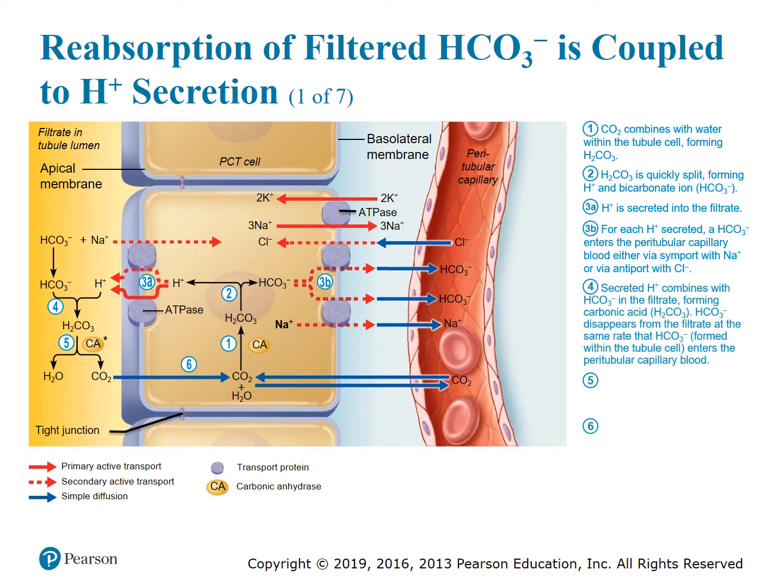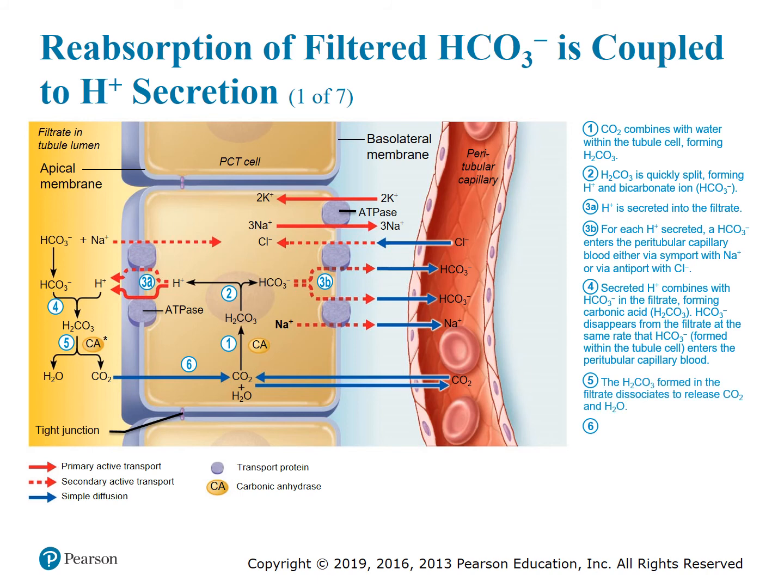Now in our next step out in the filtrate lumen, so look over to the left, the secreted hydrogen will combine with bicarbonate in the filtrate, and what this will do is to form carbonic acid. So basically bicarbonate disappears from the filtrate at about the same rate that bicarbonate enters the peritubular capillary blood.